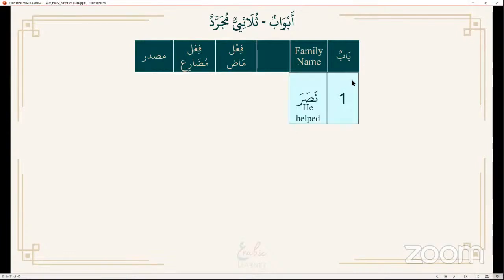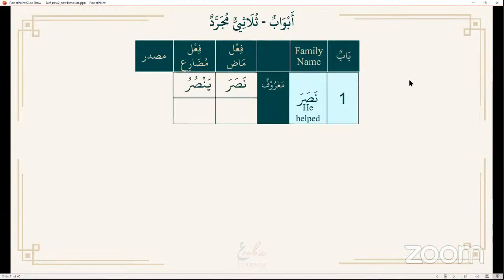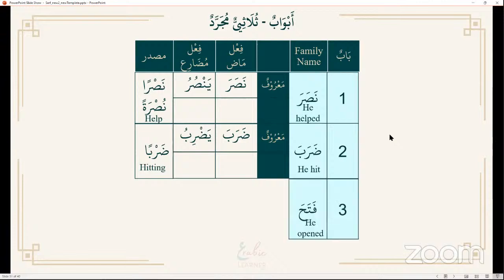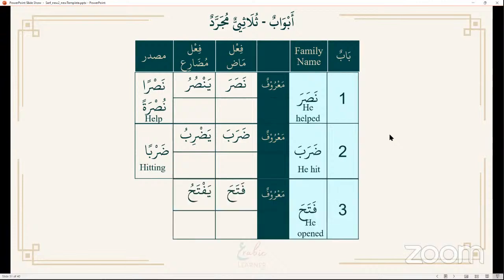First one is Bab Nasara: Nasara, Yansuru, Nasran or Nusratan. Daraba, Yadribu, Darban. Then Bab Fataha: Fataha, Yaftahu, Fathan.